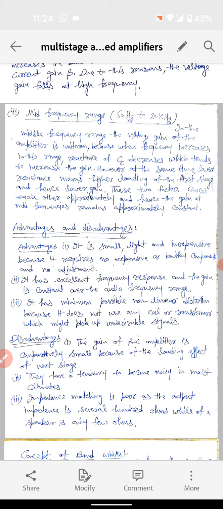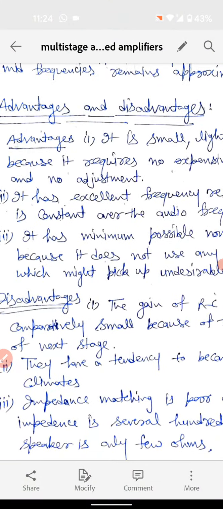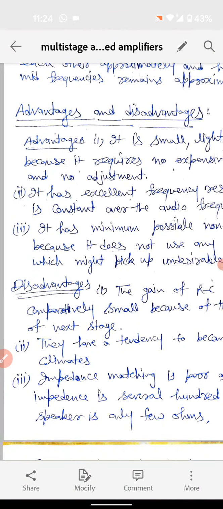And this also has a tendency to become noisy in moisture conditions. If the climate is moist, in that case also it has disadvantages.